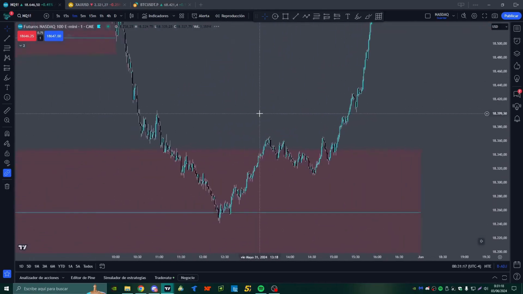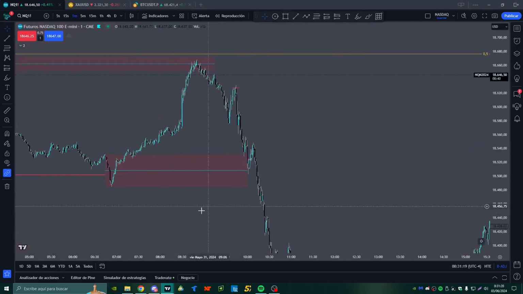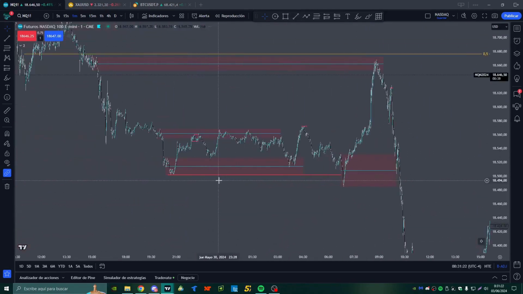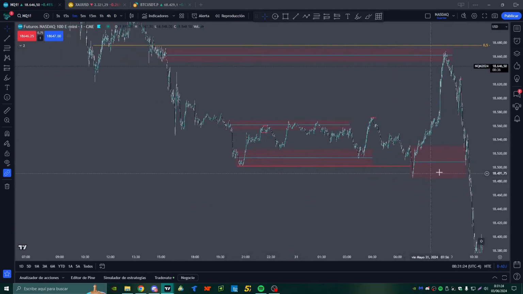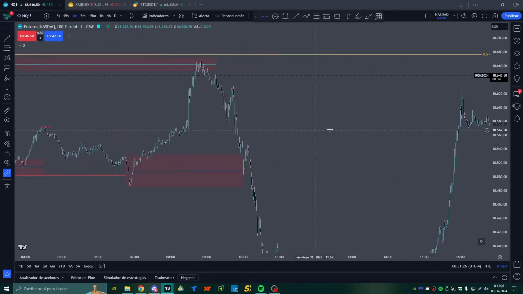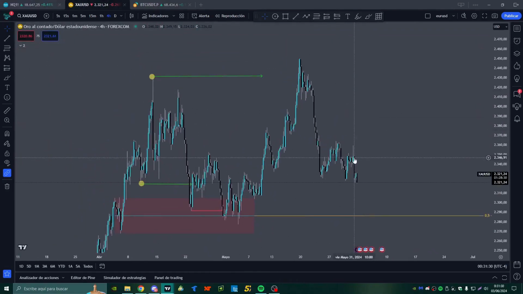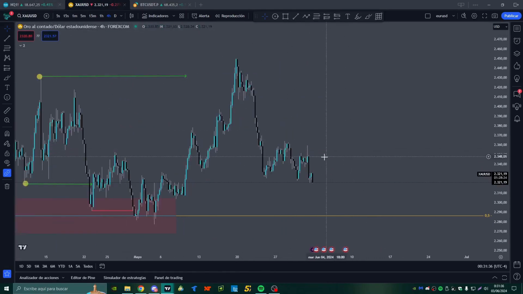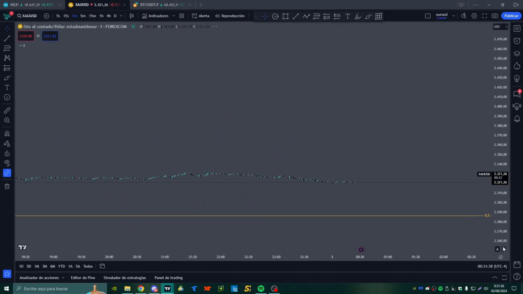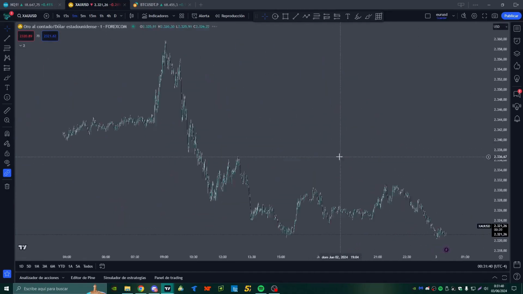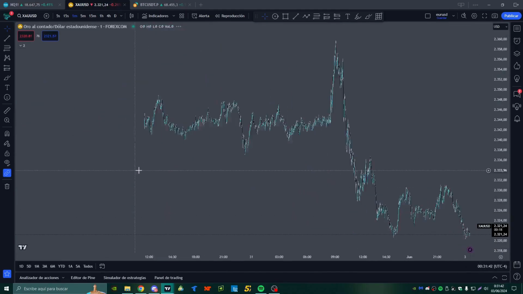And I can assure you that even operating Asia, on the Nasdaq, which has so little volatility most of the time, I can go to any asset and I will find the same. In fact, on Thursday night, I was looking at Asia and gold and had taken a trade based on this system around here.